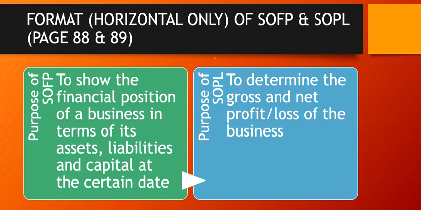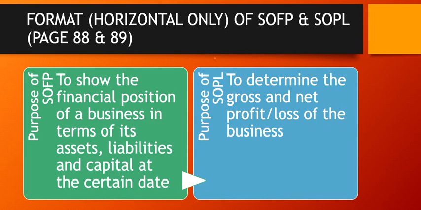So now let's go to the format. Kalau dalam textbook dia akan bagi dua jenis format, horizontal and vertical, but we only use the horizontal format of statement of financial position and statement of profit and loss. You can refer to page 88 and page 89.